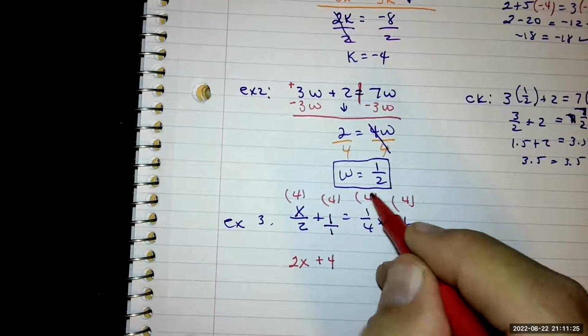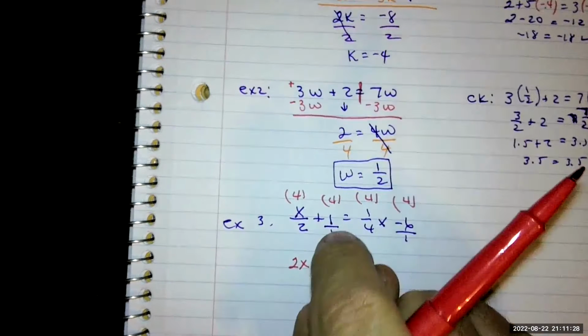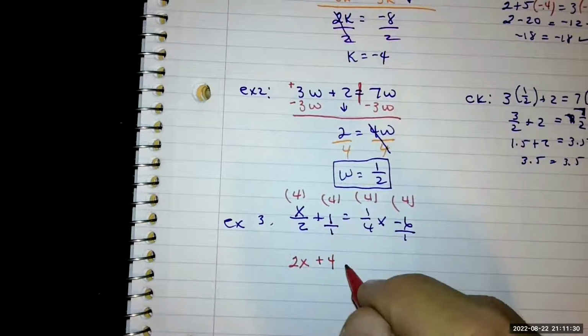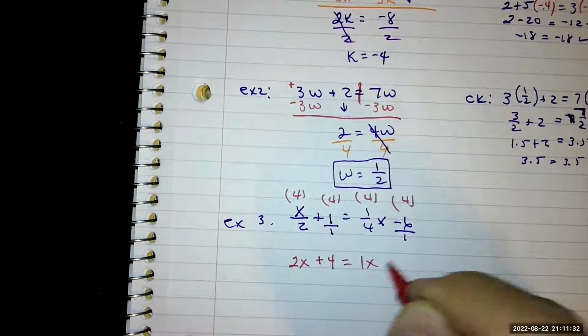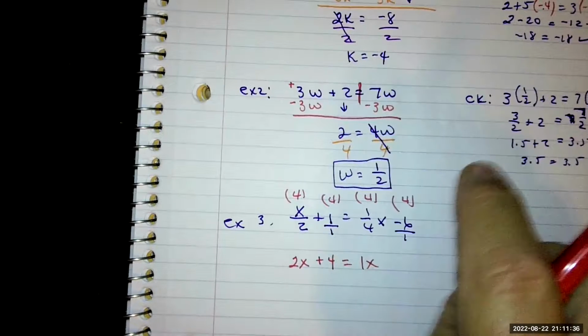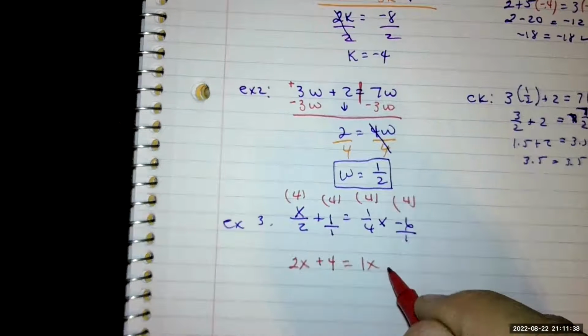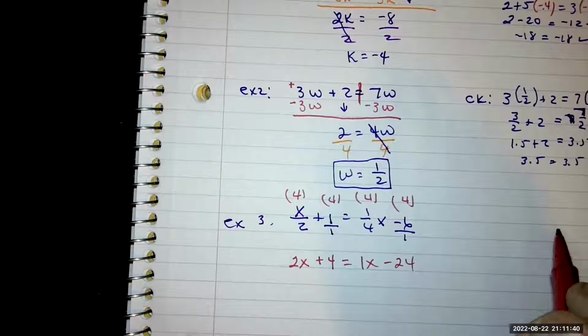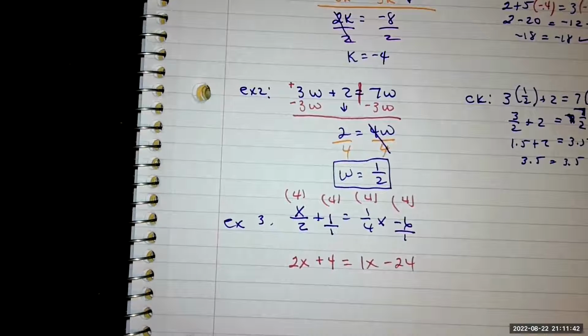4 goes into 4 one time. So 1 times 1 is 1x. 1 goes into 4 4 times. So 4 times 6 is a negative, and it's a negative 24. So now we don't have any fractions. And so now we can figure out a way to do this by doing the same thing we did before. We think of a tennis court.